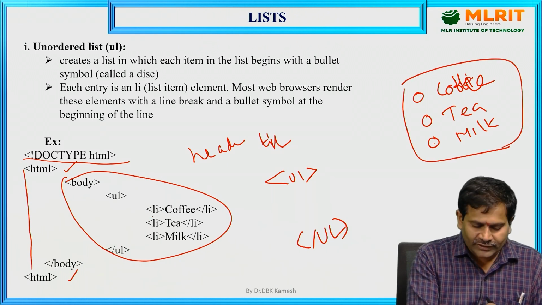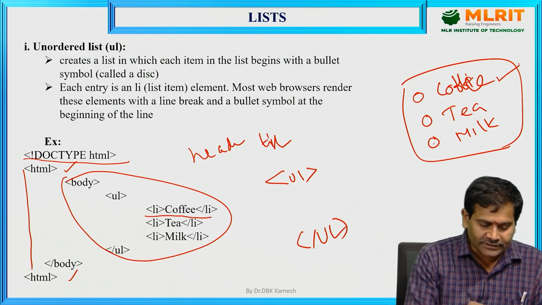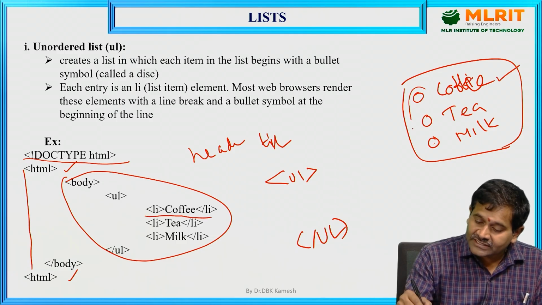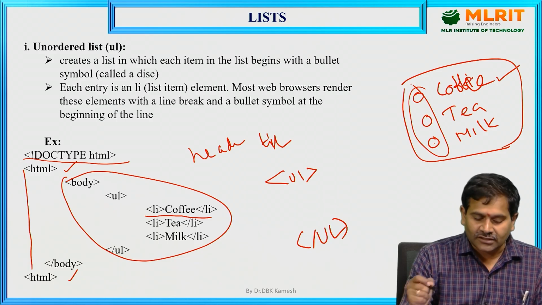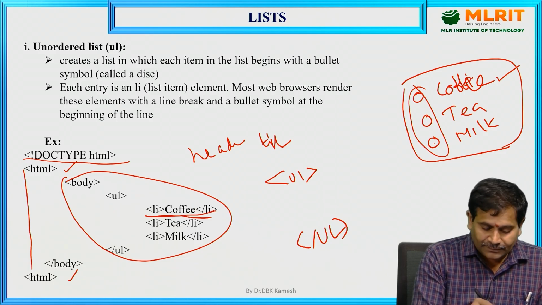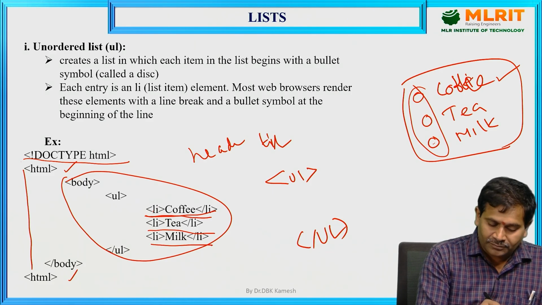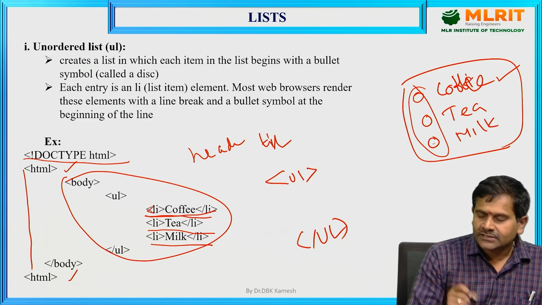We write LI for the first item. This is the default symbol, called a disk, for coffee. The first one is completed; the second is tea, the third is milk. Every tag that starts must end, so /LI. These are called list items. You can give any number of items, like milk, coffee, boost and so on. You write all of them as LI followed by the closing tag of LI.